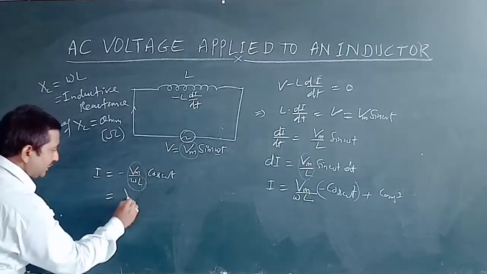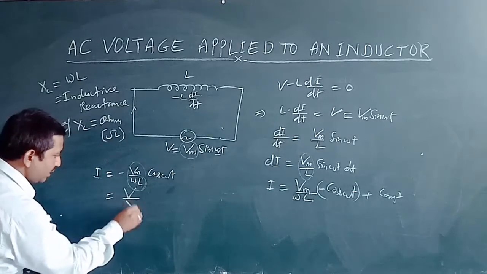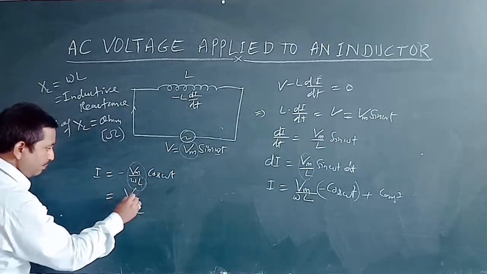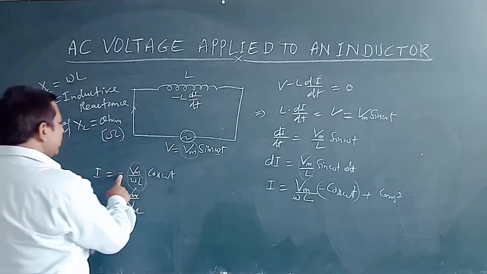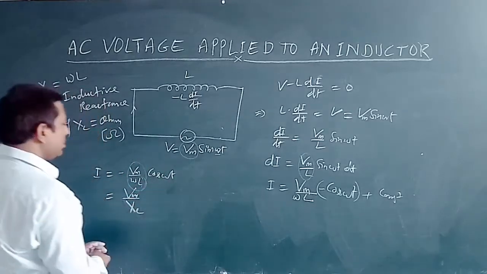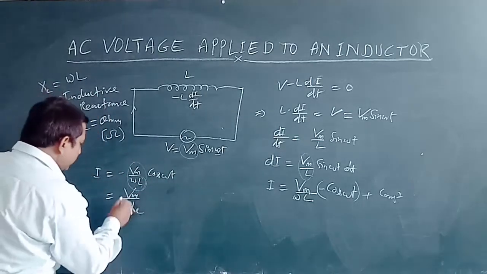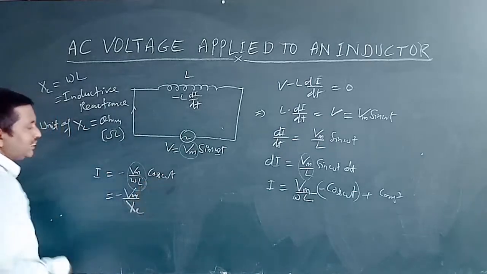Now if we write it as XL, then we get Vm by XL, and this minus sign we introduce inside the cos. How can we change this cos into sine?